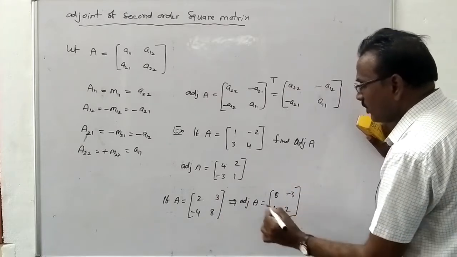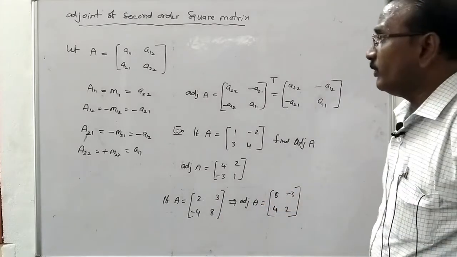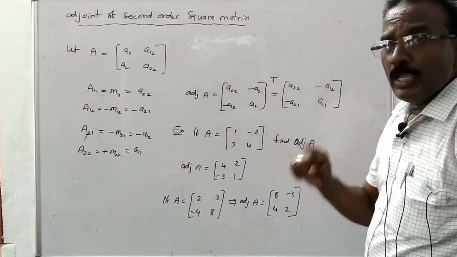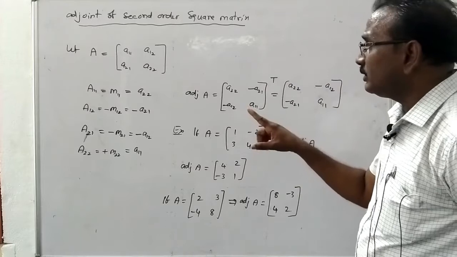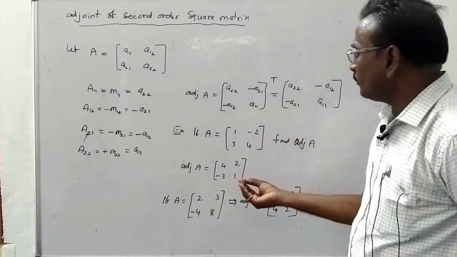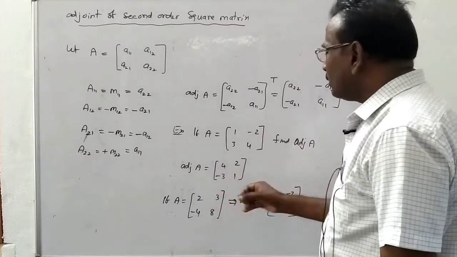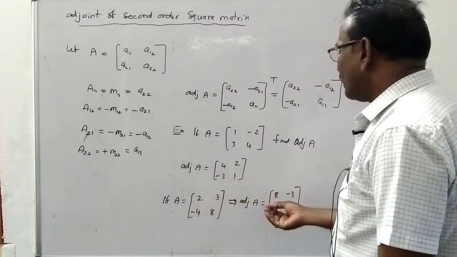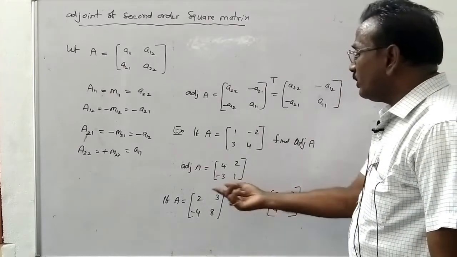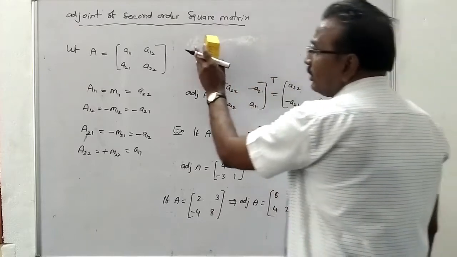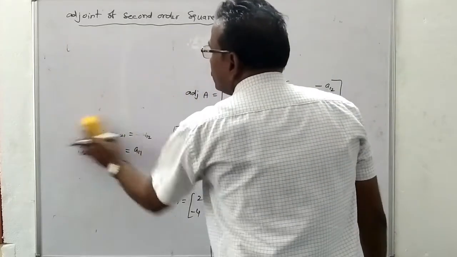So this is the adjoint of A, and we can write it directly. The adjoint of a second order square matrix is obtained by interchanging the principal diagonal elements and changing the sign of the other elements. That is the short formula. Whenever second order matrices are given, we can write the adjoint directly. So this is another way.